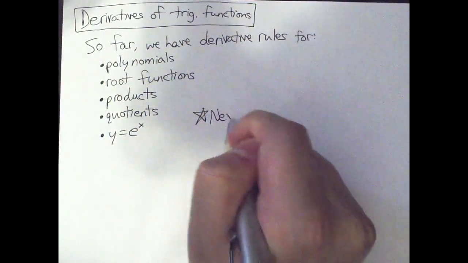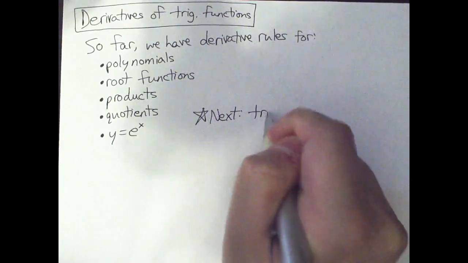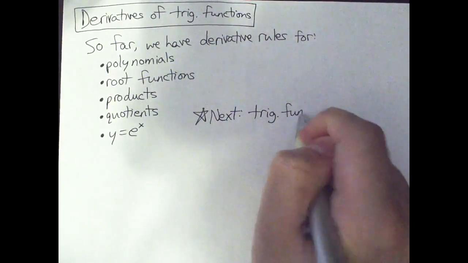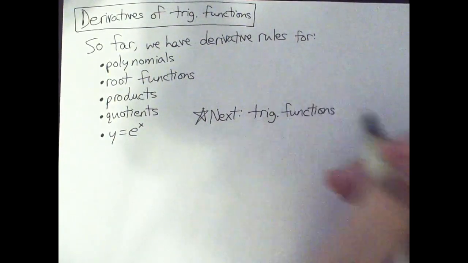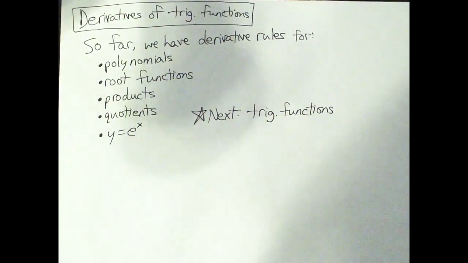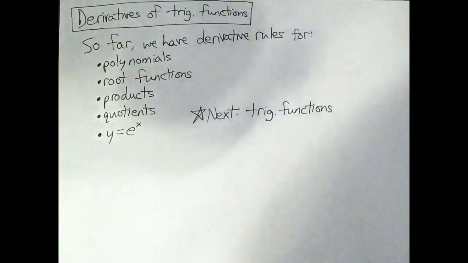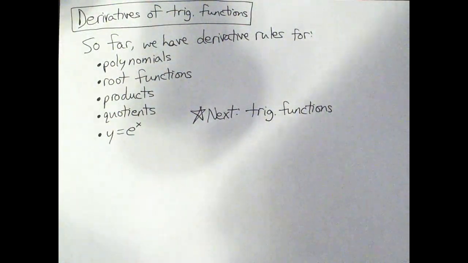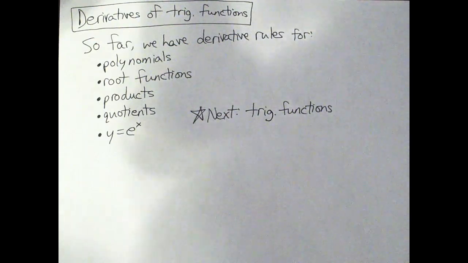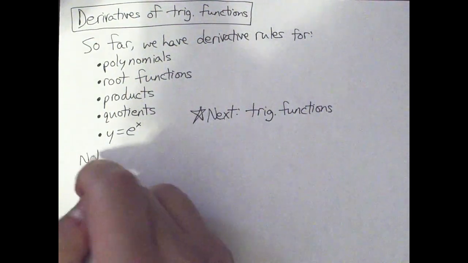And of course, next is trig functions. You know from previous classes like pre-calculus or trigonometry that trig has a lot of uses. So it would be useful for us to be able to differentiate and find the rate of change of trig functions.